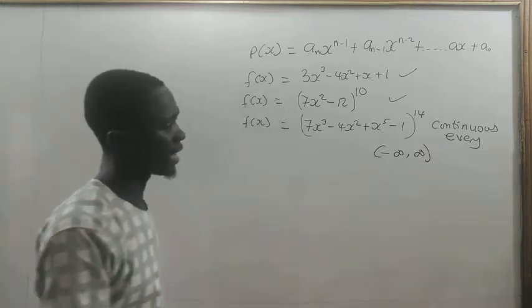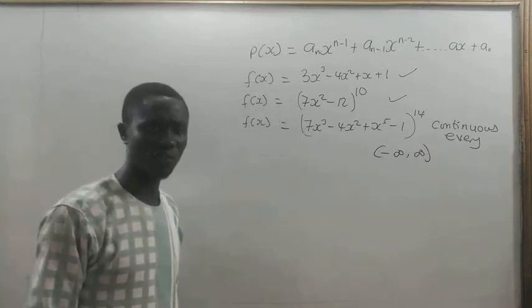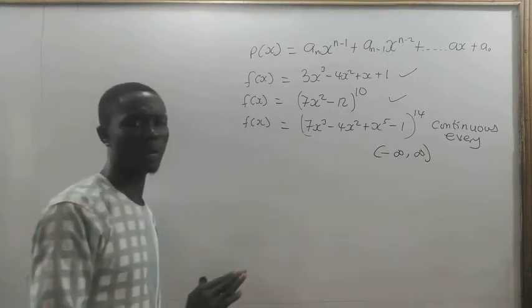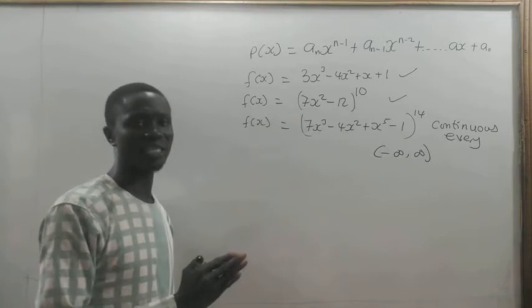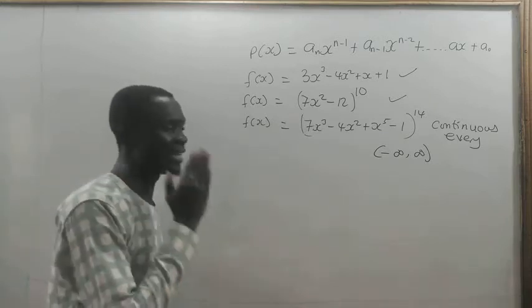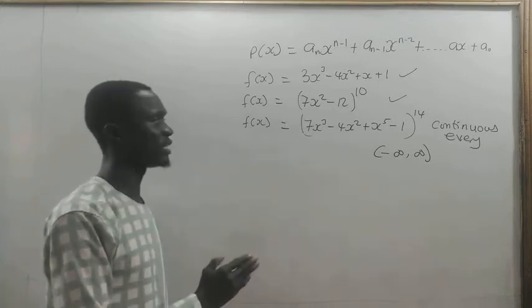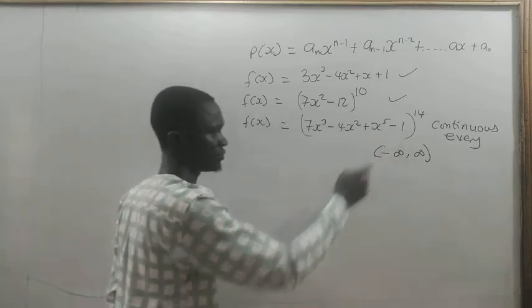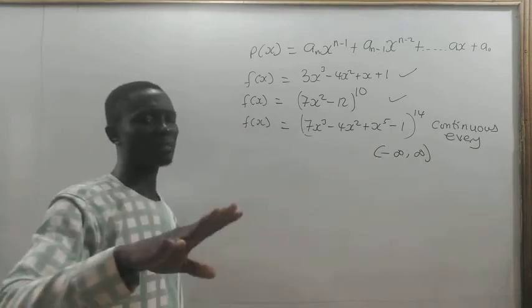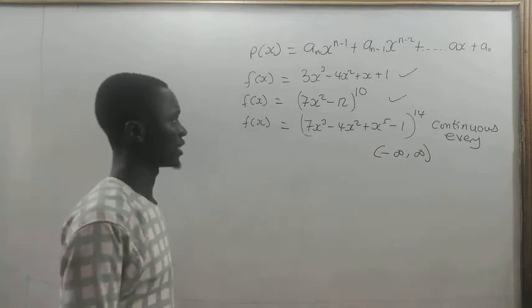Why are we stating that? It is from negative infinity to positive infinity. That is, if you take any real number, whether it is a fraction, a decimal, negative, or positive, and you substitute it here. So let me guess any number. Let me guess negative 200.